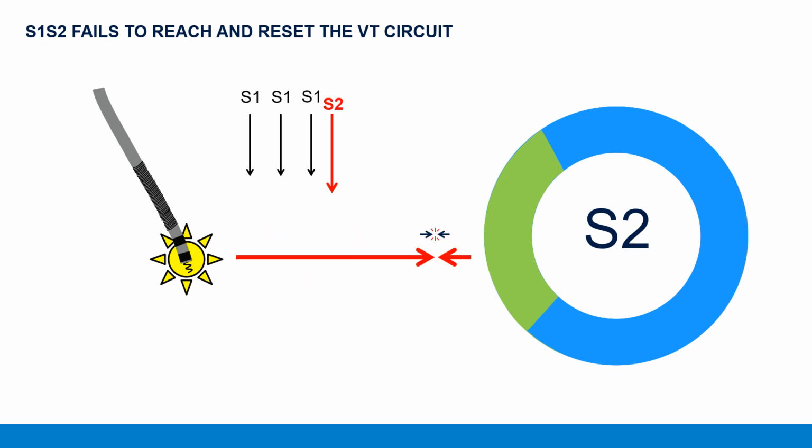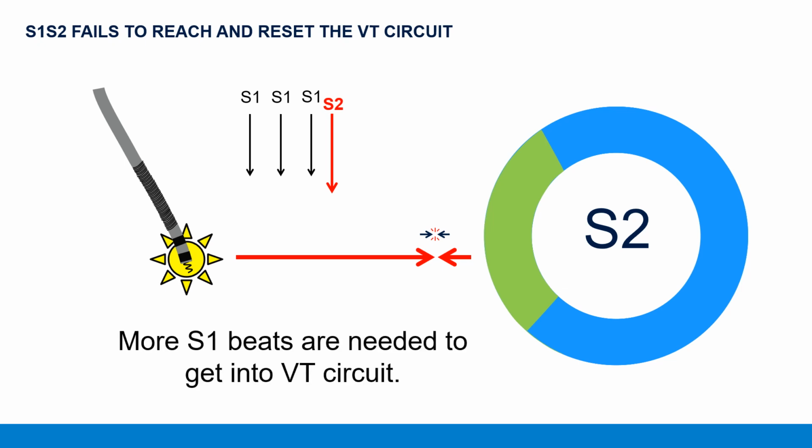And then the S2 beat collided with the oncoming wavefront closer to the circuit, but it wasn't early enough to get into the excitable gap or affect the tachycardia either. So in total, none of the beats ended up getting to the circuit, none of them reset the tachycardia, and certainly it did not terminate the tachycardia.